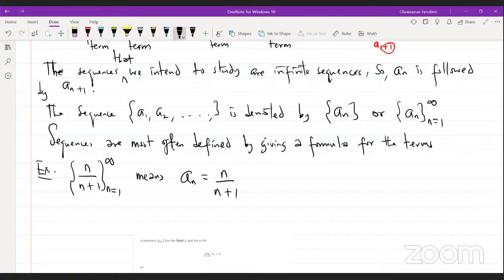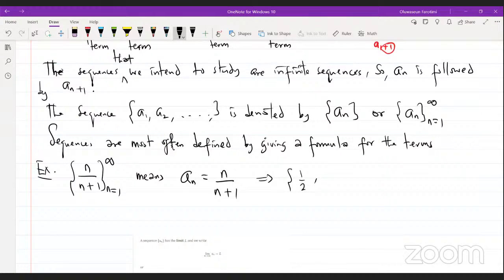Your nth term is more like the nth position. What do you have on the nth position? If I ask you for your first term here, you just do a1, that's when n equals 1. But the nth term is when n is n itself. So now if the nth term is this guy, what does that mean? Plug in when n is 1, remember you have 1/2.